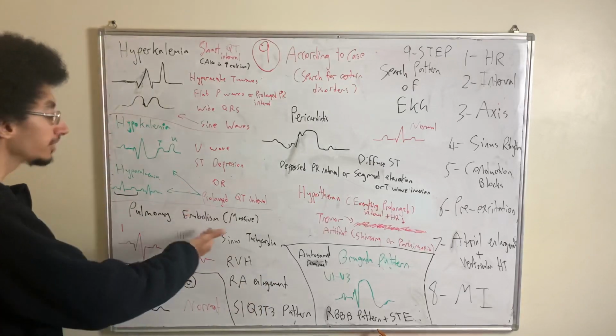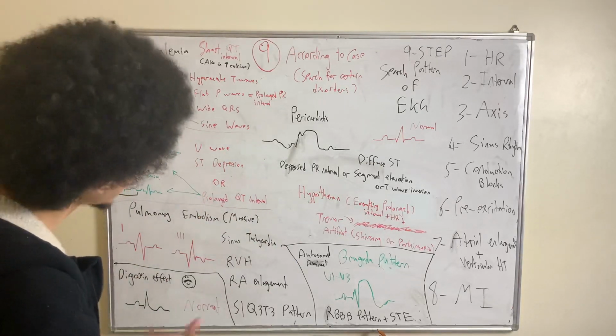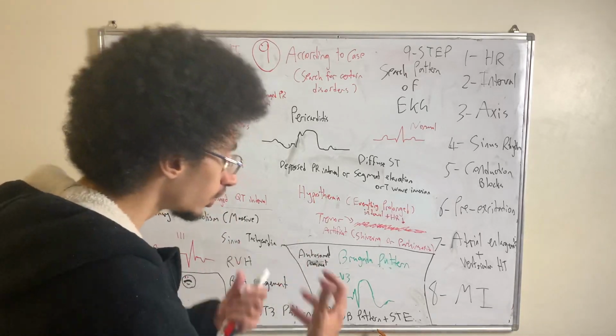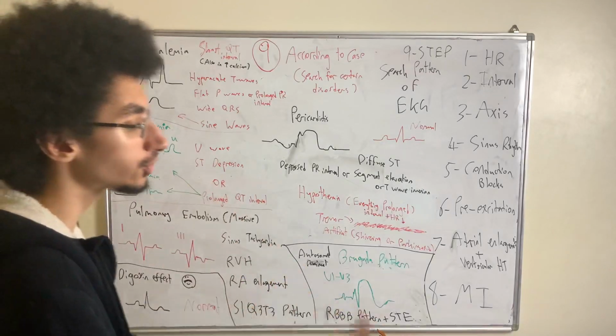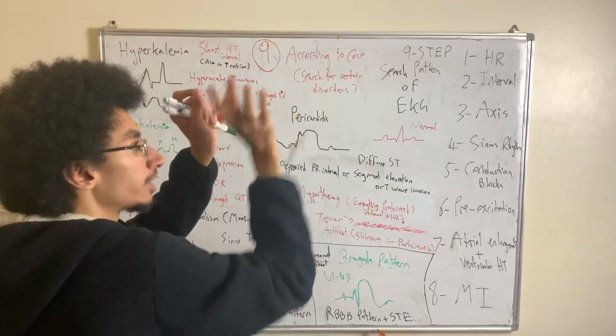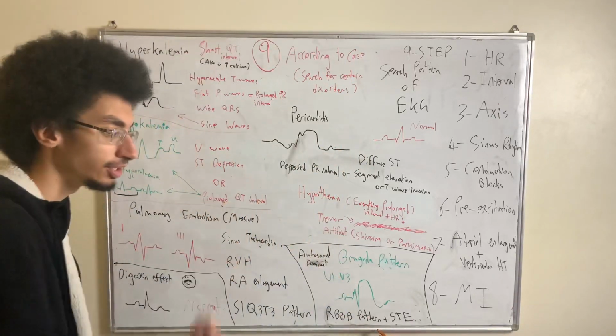So you might find on an EKG signs of right ventricular hypertrophy, signs of right atrial enlargement, because the right side of the heart has to work very hard and has to undergo changes to be able to pump blood against an obstructed pulmonary artery, which is obstructed by this embolus, which came from a DVT.